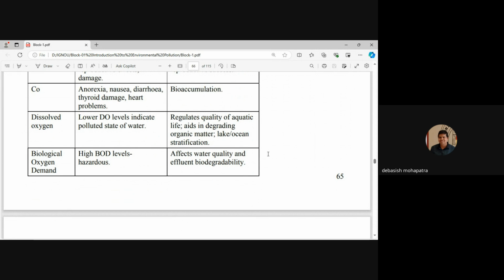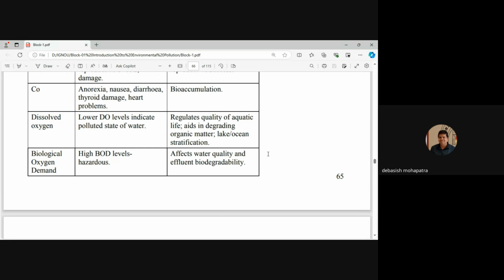Cobalt: anoxia, nausea, diarrhea, thyroid damage, heart problem, bioaccumulation. Dissolved oxygen: low DO level indicates polluted state of water, regulates quality and quantity of life, aids in degrading organic matter, lake and ocean stratification.